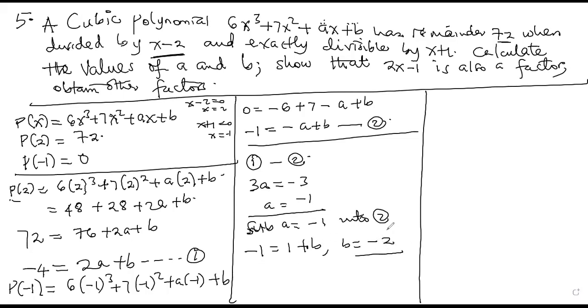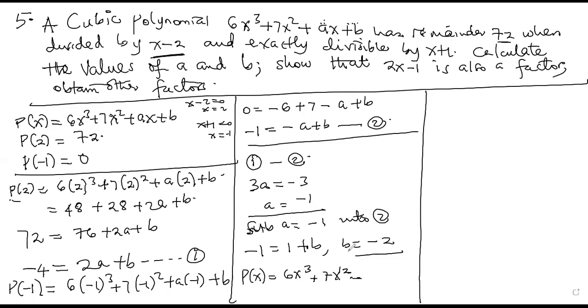After getting this, it means that now my polynomial p of x is equal to 6x cubed plus 7x squared plus ax.